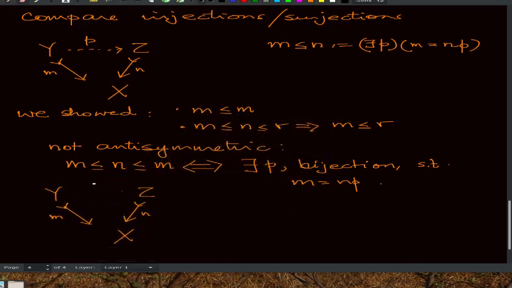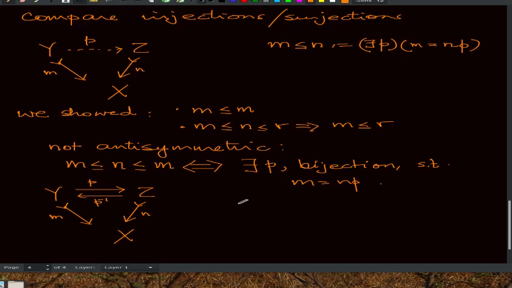We had this P going in one direction to make M smaller than N, and we had its inverse making N smaller than M. So they are not the same.